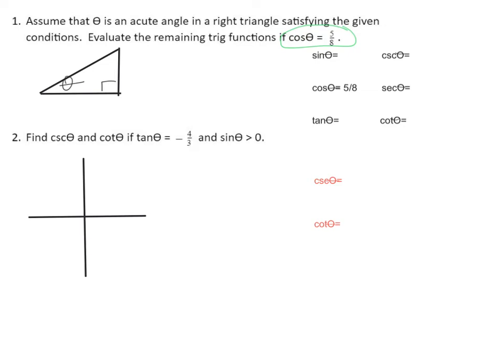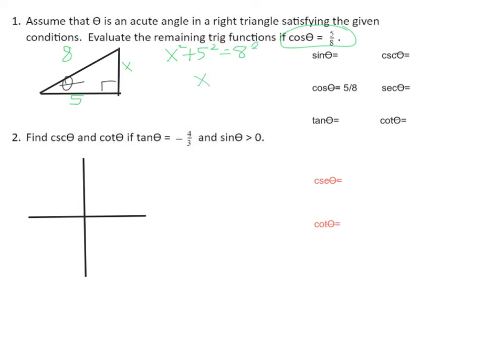Cosine, we know, is adjacent over hypotenuse, so I can label the adjacent side to theta 5 and the hypotenuse 8. If I want to find the remaining trig functions, I'm going to need to know what that opposite side is. So I'm going to label it x. If we do the Pythagorean theorem, x squared plus 5 squared equals 8 squared.